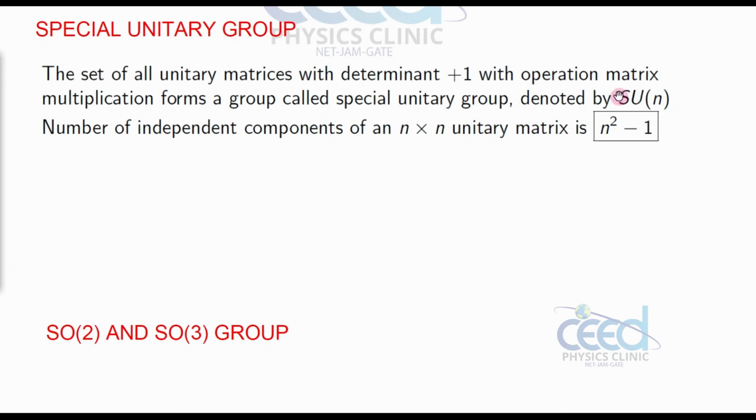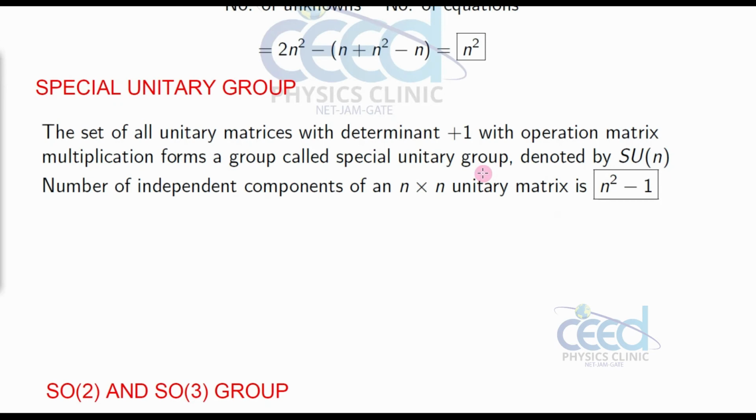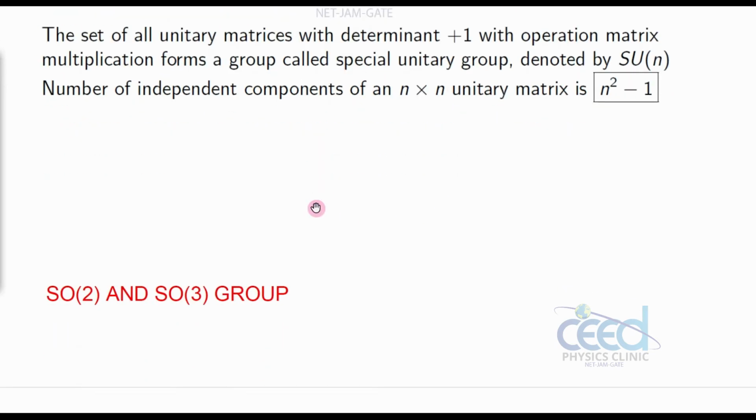Such a group we can call a special unitary group, denoted by SU(n). The number of independent components of a special n by n unitary matrix is n square minus 1, for a special unitary group, right?